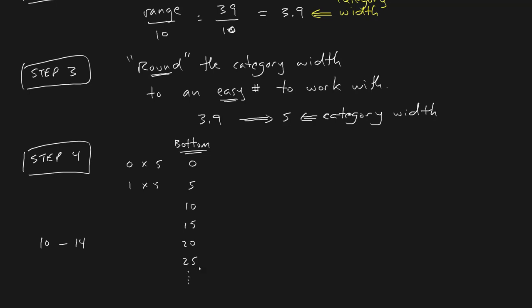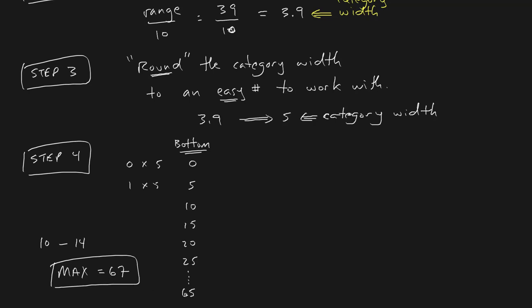Okay, so we're going to keep going with this. 25, 30, 35, 40, 45, 50, all the way up until we get to 65. And why 65? Well, remember, our data had a maximum value equal to 67. I don't need to have categories that are going to include numbers that are larger than 67, 70, thereabouts.